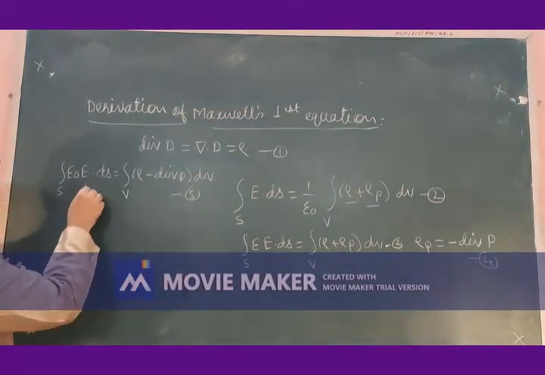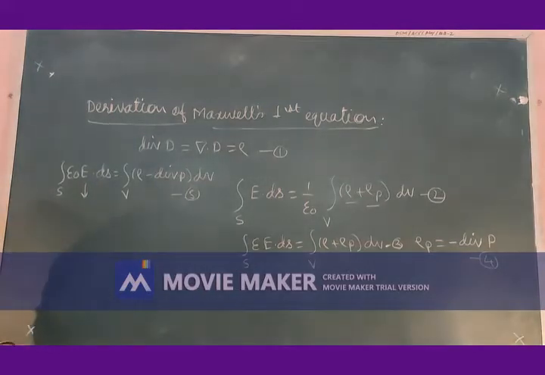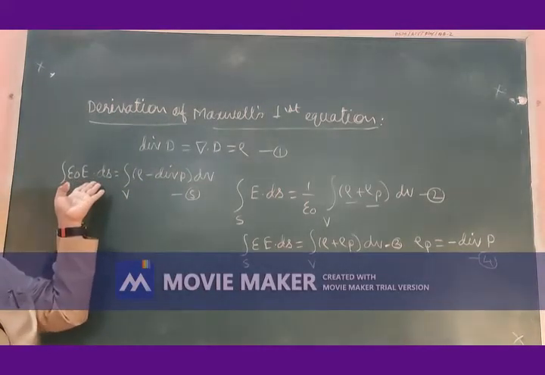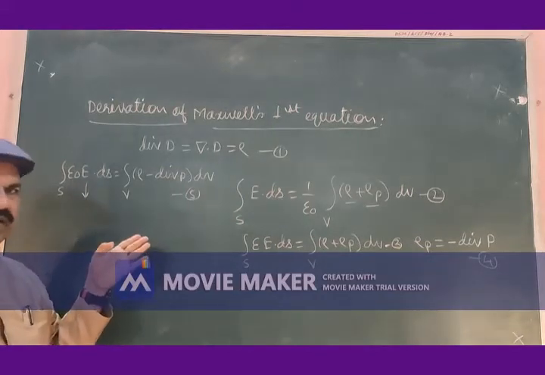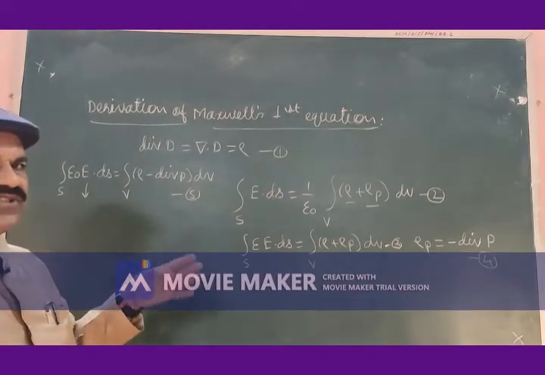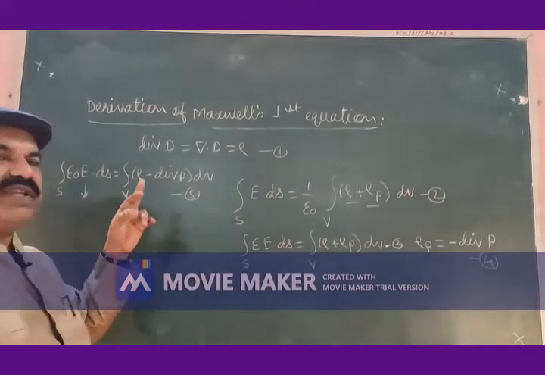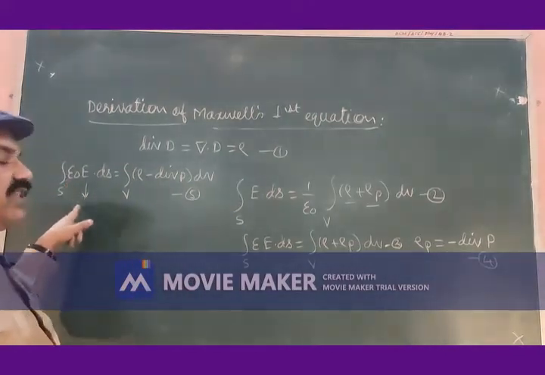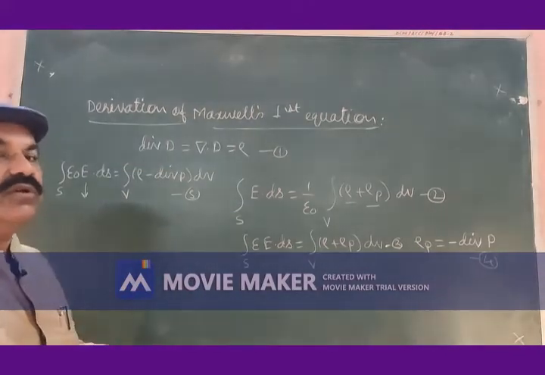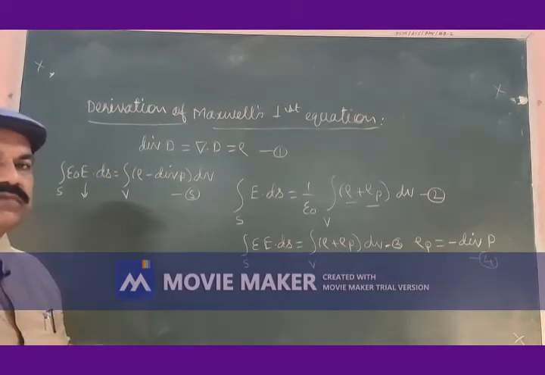Let us apply Gauss's divergence theorem to the LHS of equation 5 to convert surface integration to volume integration.